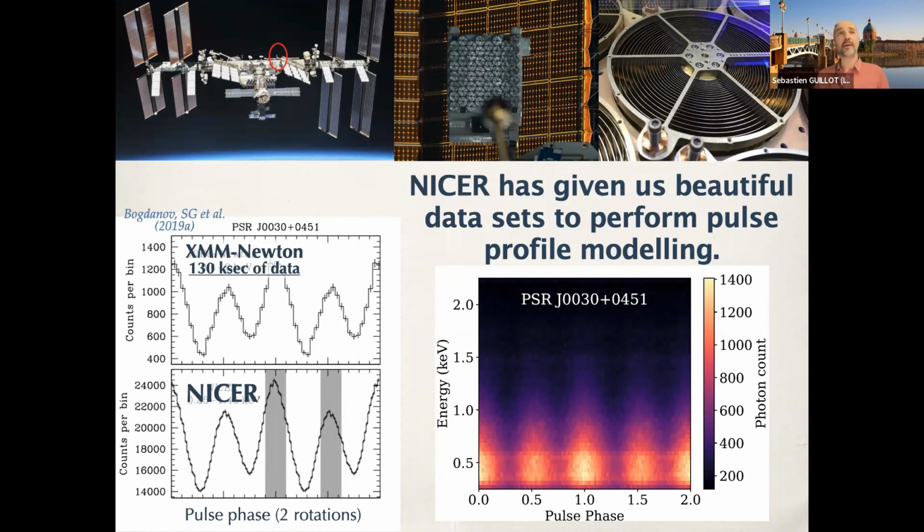Not only do we have a slightly more sensitive instrument than XMM, but also an observatory that at the beginning was dedicated to the observation of millisecond pulsars. On the right is the pulse profile in phase and energy, the histogram in phase energy, just to show that it's not just the pulse profile that we're modeling, but the pulse profile for each energy channel.